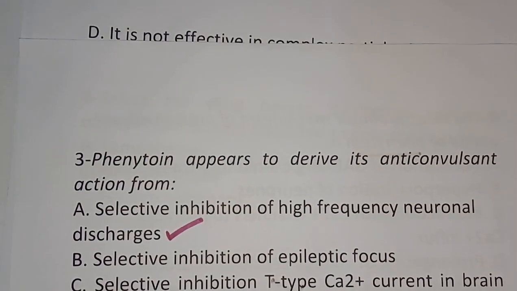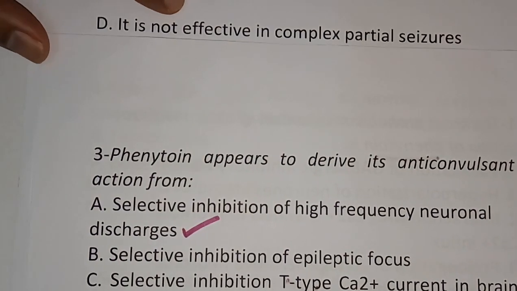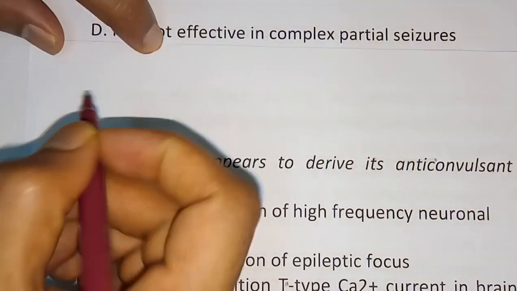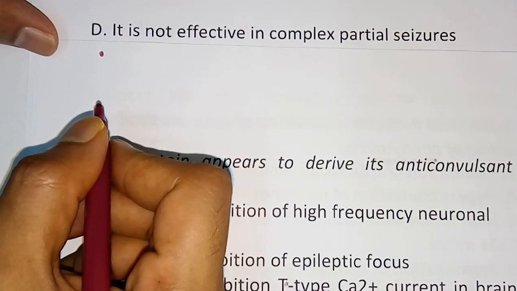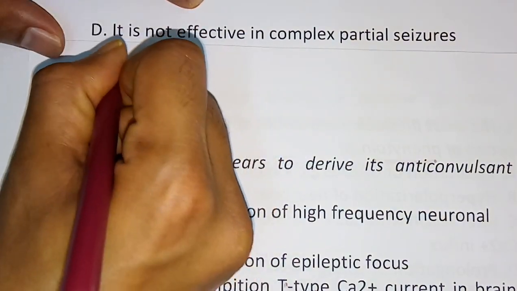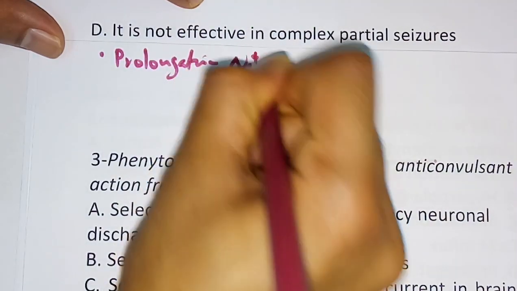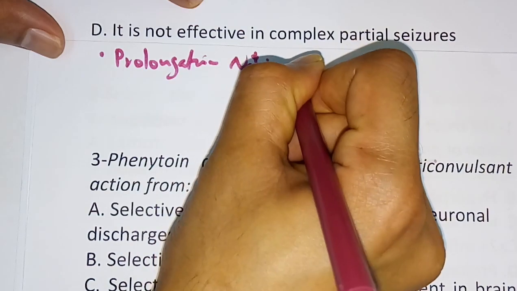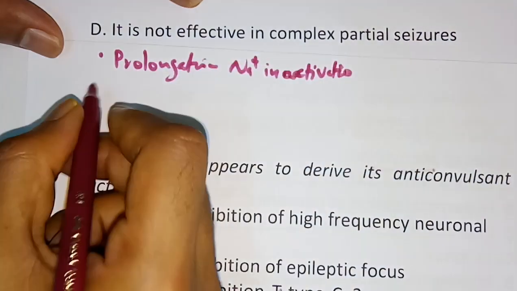We will see the different mechanisms of action. These anti-epileptic drugs are classified into 3 types based on the mechanism of action. One is the drugs which cause prolongation of sodium channel inactivation. That is the first category.